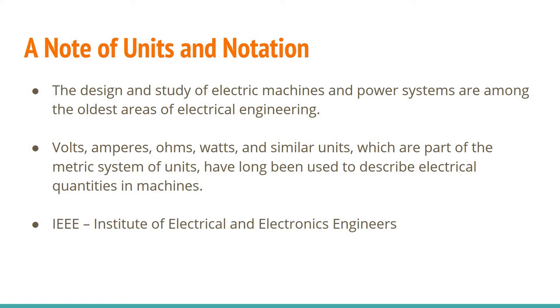Normally, in the Philippines and in other countries, SI units are used. So what are the SI units? They are volts, amperes, ohms, watts, kilograms, meters, centimeters. Those are the SI units.